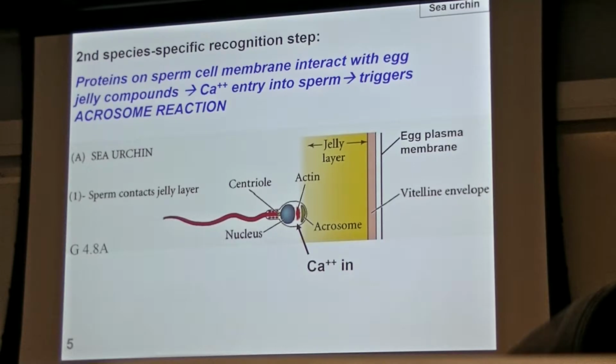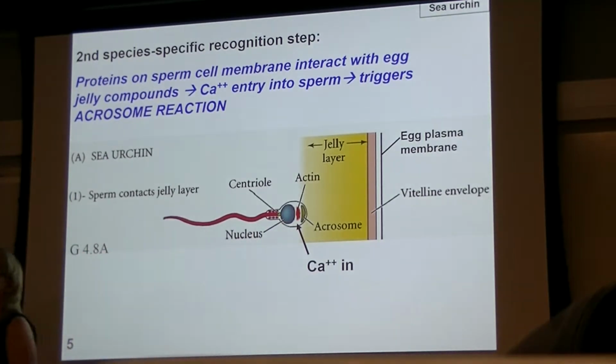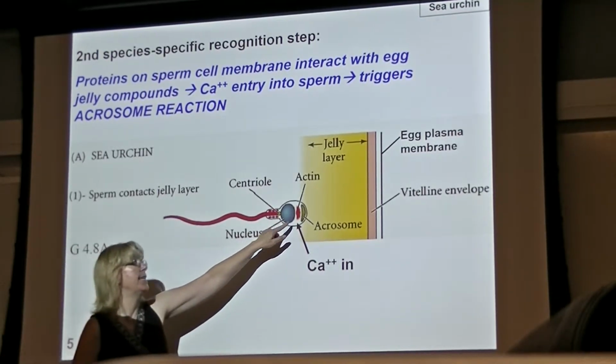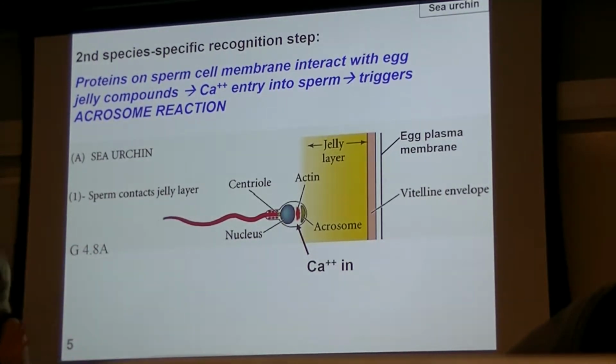When calcium enters into the interior of the sperm cell, this vesicle here, known as the acrosomal vesicle, is going to fuse with the plasma membrane. Inside we have this vesicle covered with plasma membrane, and that plasma membrane and the outside cell plasma membrane are going to join together and become one. Effectively that will release the contents of this acrosomal vesicle to the exterior of the cell.